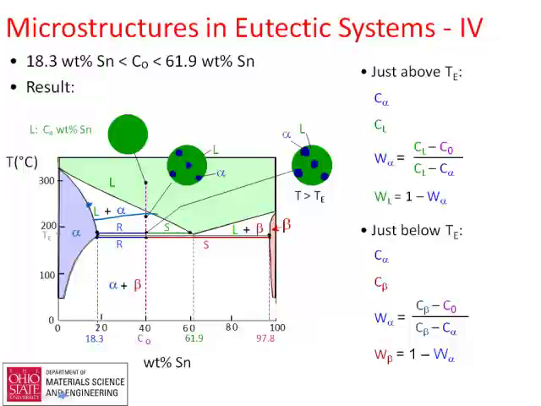In this case, the composition of alpha here is going to be about 18.3% tin. Again, lead. The composition of the liquid is going to be just above this, at about 61%.